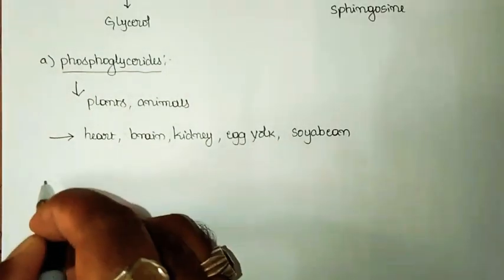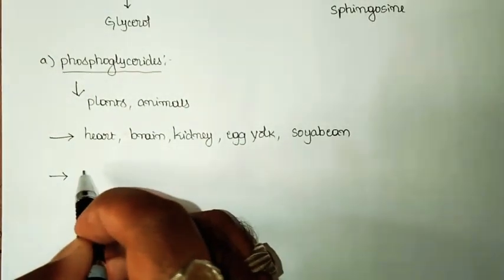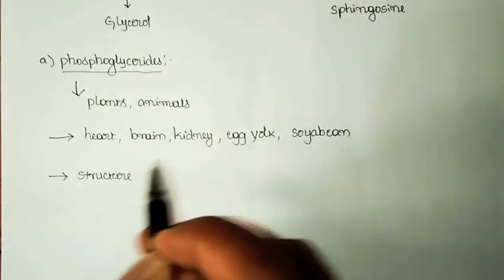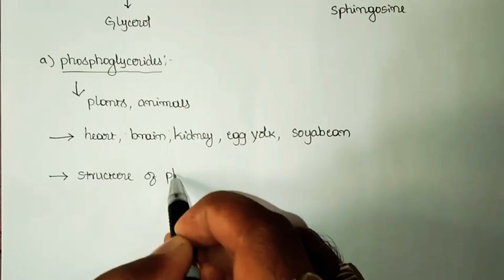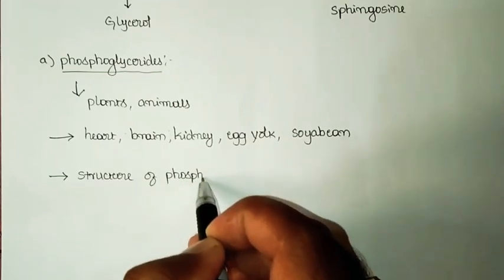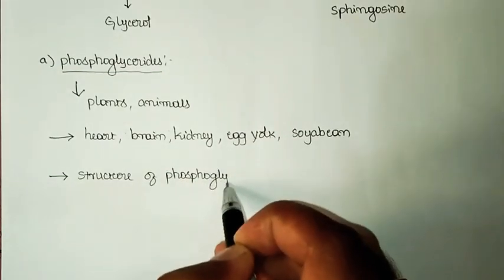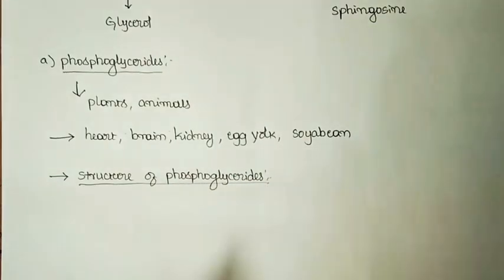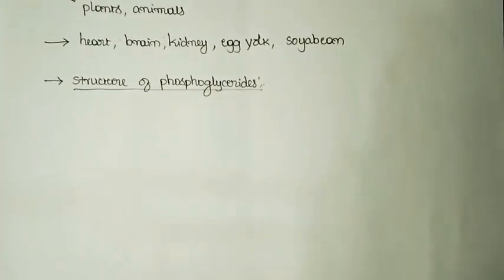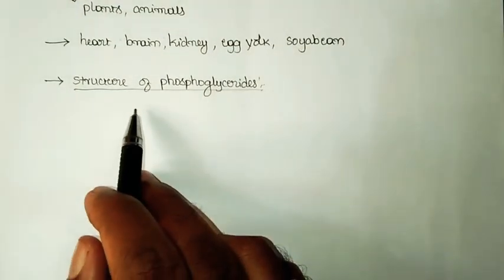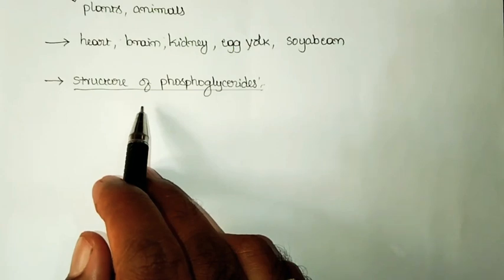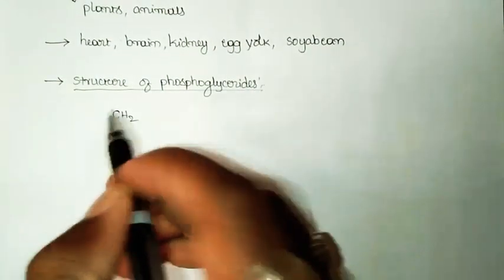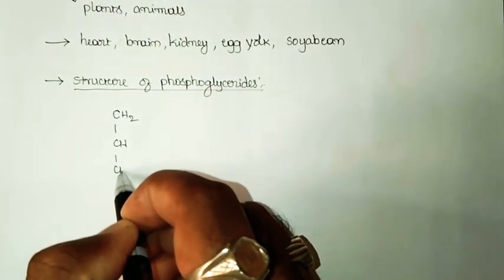Now the structure of phosphoglycerides. We already said that in phosphoglycerides the alcoholic material present is glycerol, and in glycerol we can see three OH groups.